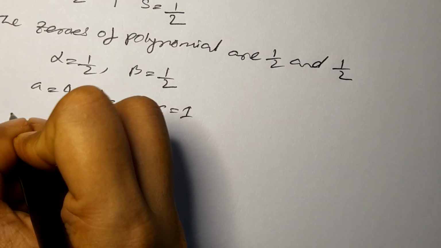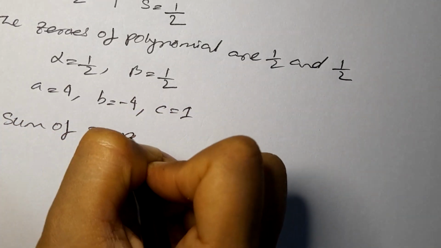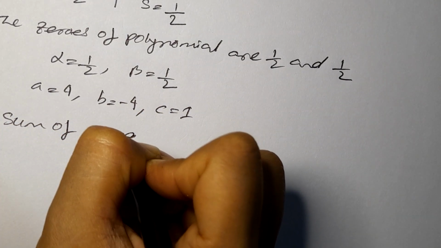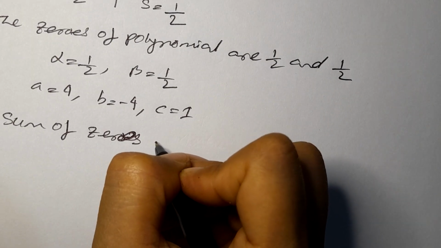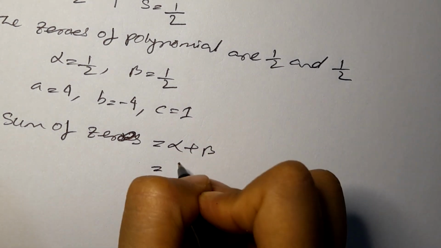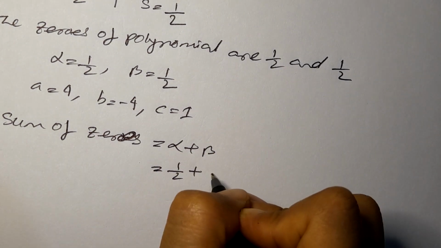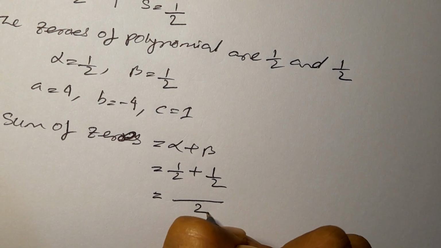Now I need the sum of zeros. First, sum of zeros, there is alpha plus beta. Sum means the addition, alpha plus beta. What is the value of alpha? Half. What is the value of beta? Half. Solve it. What is the LCM? 2.